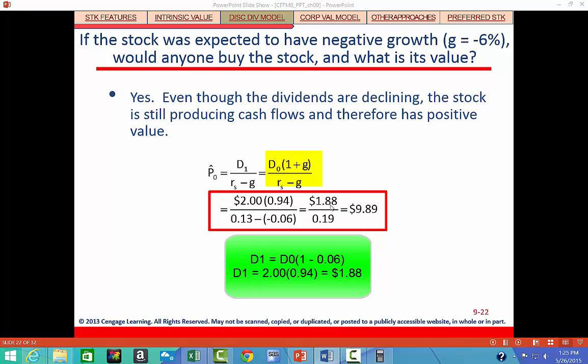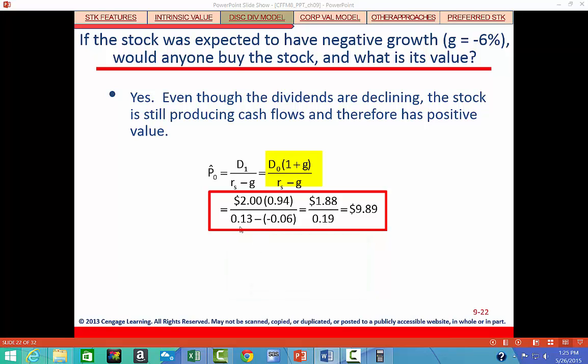It's like having a dividend cut for the next year. And then in the denominator, we'll take the required return of 13% minus a negative growth rate of 6%. So a minus times a minus is a plus, and so we get 0.19 in the denominator. And then when we divide that, we get a stock price of $9.89.